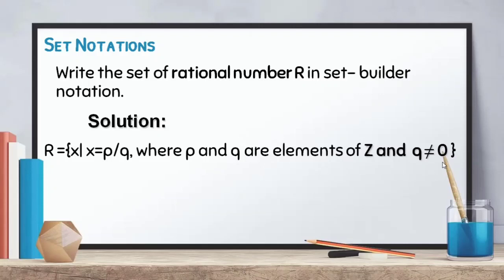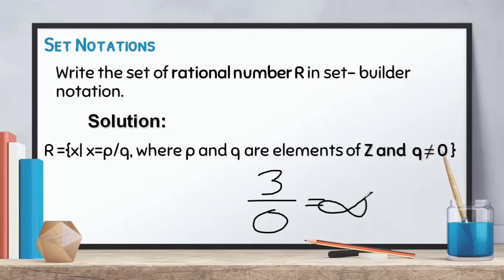What do you think? Why is it not possible for us to have a denominator equal to 0? Say, for example, we have 3 over 0, or 3 divided by 0. Is it possible? Not, because our answer here would be undefined.